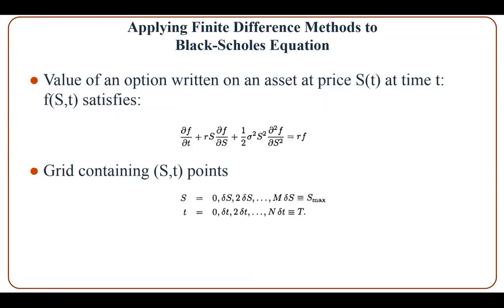Let T be the option maturity and S max is the largest asset price. We create a grid containing points S, t like this.